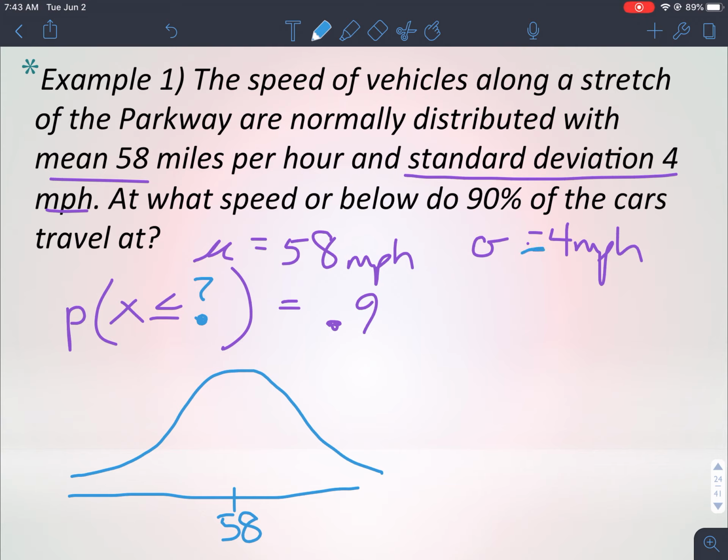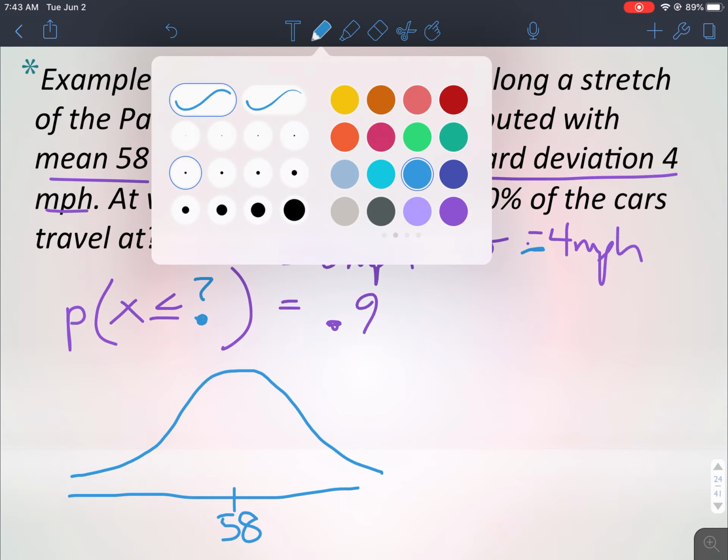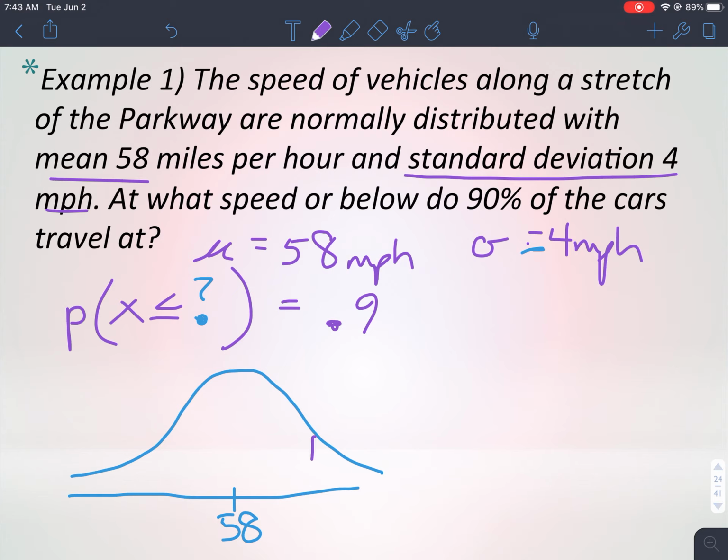So at what speed or below do 90% of the cars travel at? What that means is speed or below, that's less than or equal to. So we want everything to the left of that speed. That's our question mark, what we don't know. That's our x.